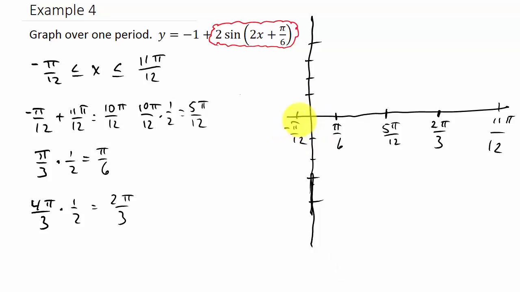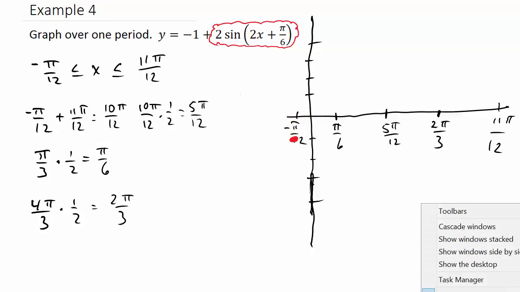Remember, sine starts out at 0. But what's happening? We're subtracting 1. So yes, this right here starts at 0, and then we have to subtract the 1, so that's going to be at minus 1.